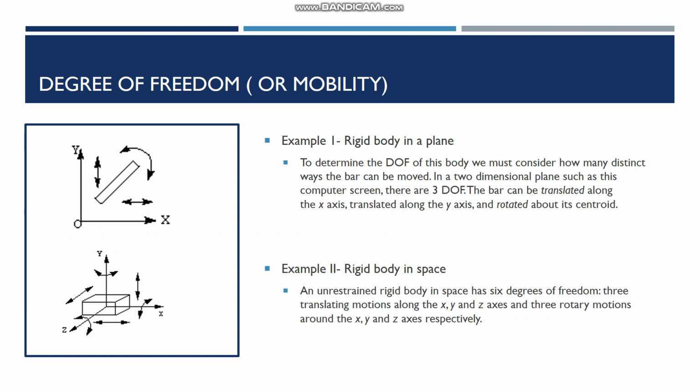The body could be inclined at a 45-degree angle to the x-axis, or a 30-degree angle. So to define how the body is lying, we would need 3 variables: the x component of its centroid, the y component of its centroid, and its angle with the axes.